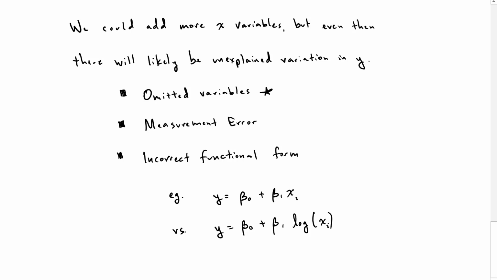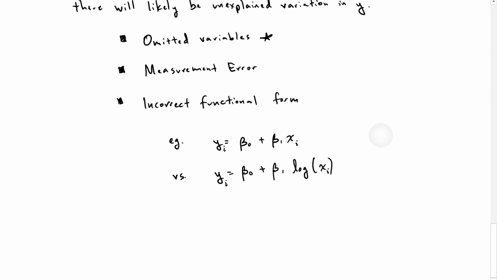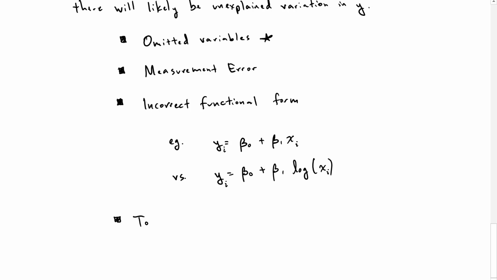All those should have i's. And so if we use the wrong functional form, there could be differences there. So all of those are problems that, if designed properly and thought about properly, we can fix. But some things are actually totally random or unpredictable occurrences.